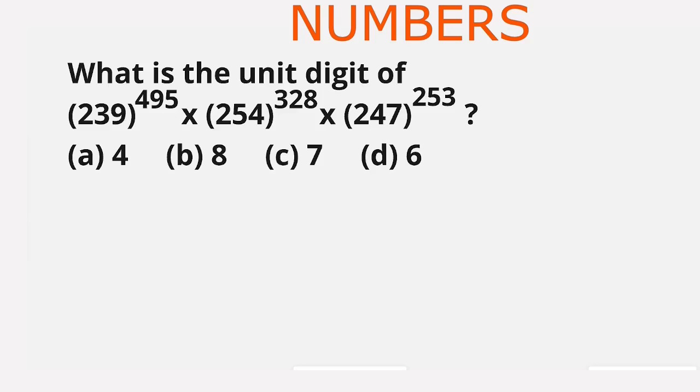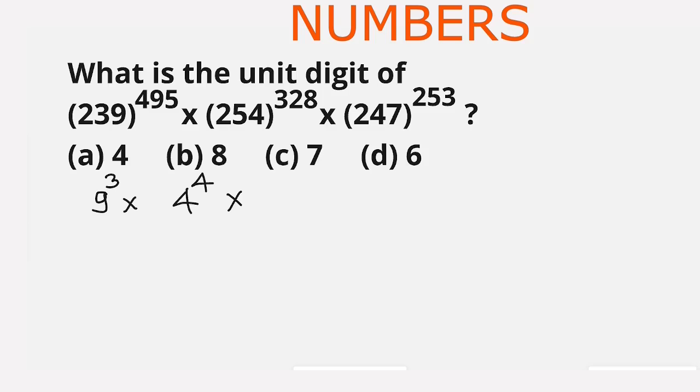So we write 9 to the power 3 multiplied by 254 to the power 328. The last two digits, 28, are divisible by 4. So we will take the remainder as 4, not 0, but we will take it as 4. So 4 to the power 4 multiplied by 247 to the power 253.